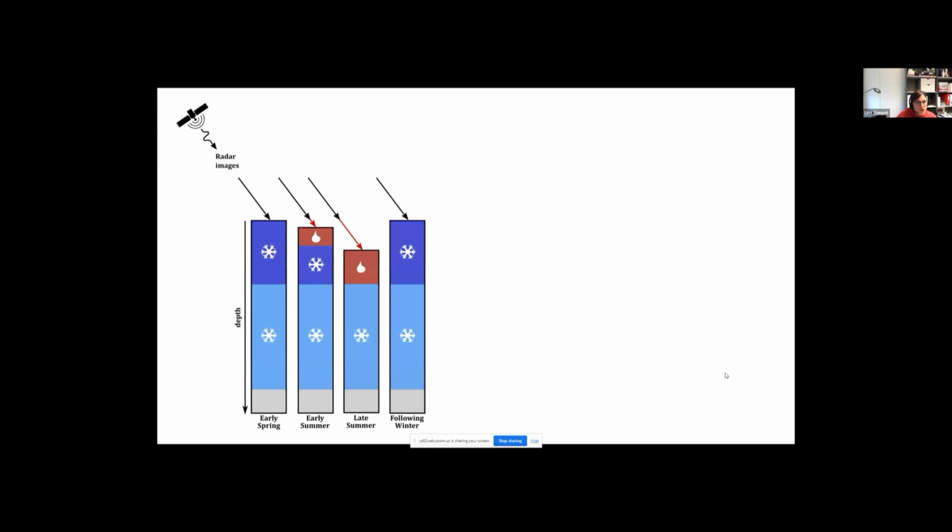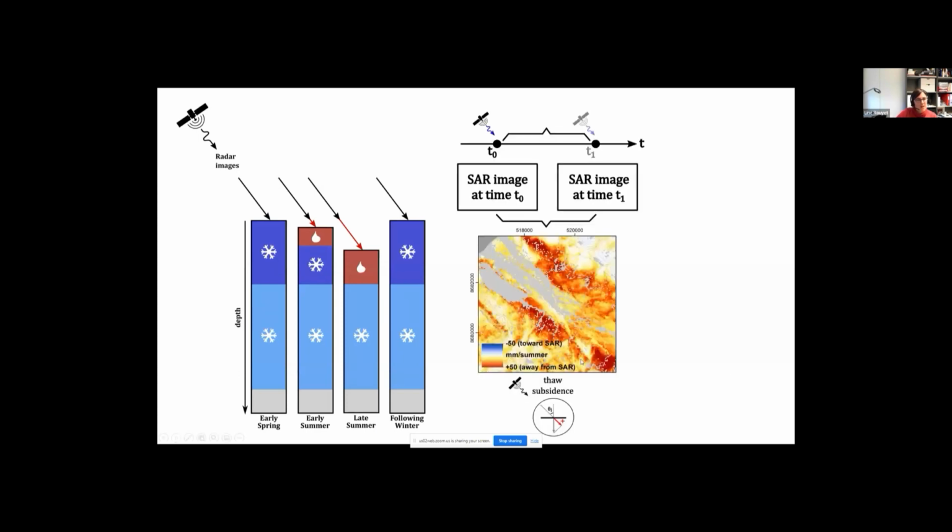So to show some of this kind of product here, imagine that the radar is taking an image from above, and throughout a season, at one point the ground is completely frozen, and in early summer it starts to thaw in the upper part of the ground.